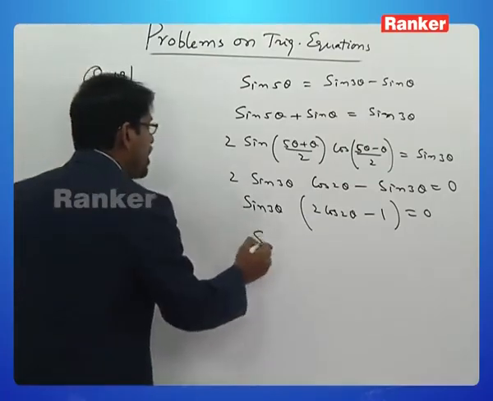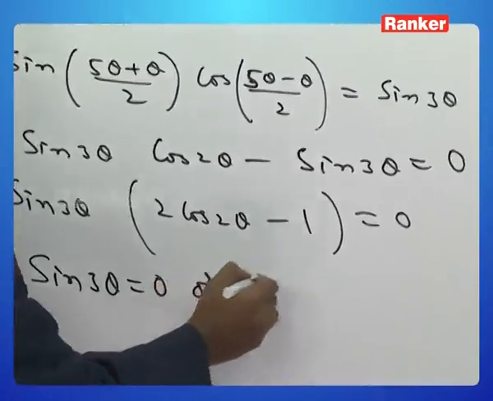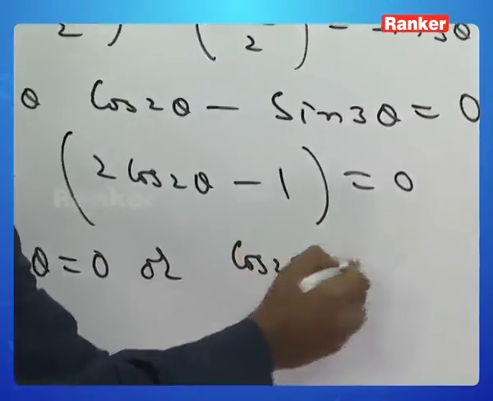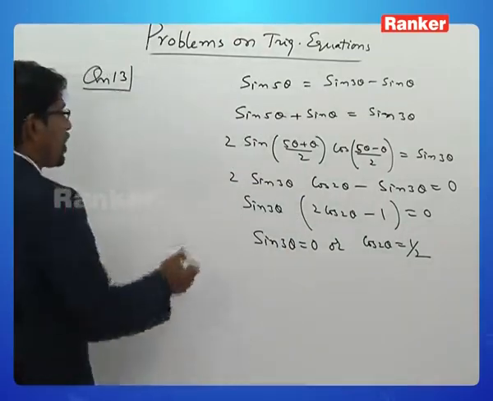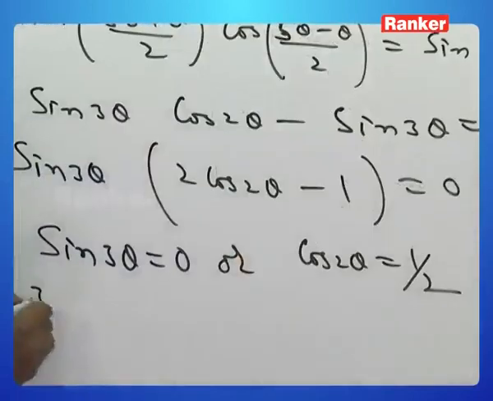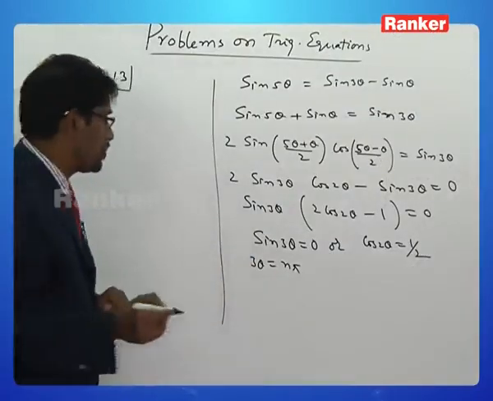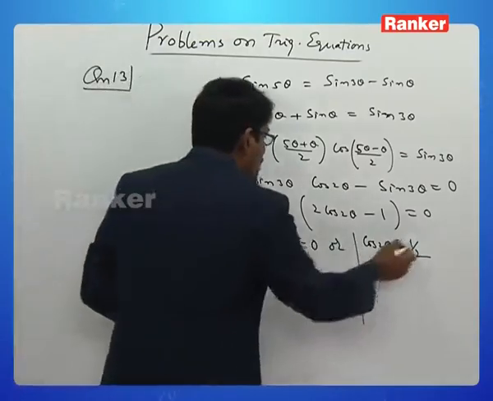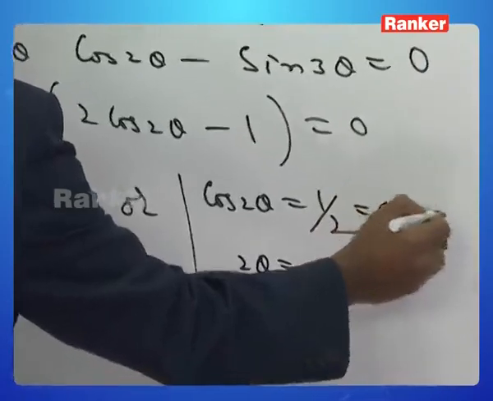So that gives me sin 3 theta is equal to 0 or cos 2 theta is equal to 1 by 2. For sin 3 theta equal to 0, 3 theta has to be n pi, the general value. When is cos 2 theta equal to half? This is cos pi by 3.